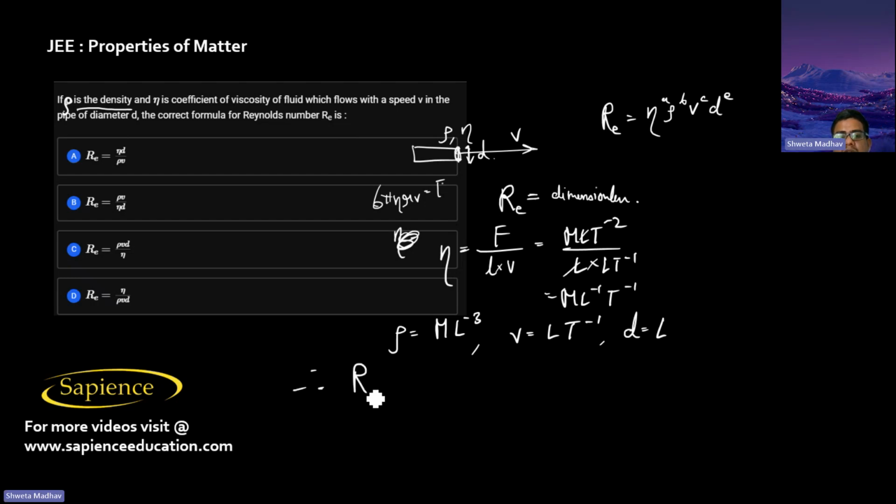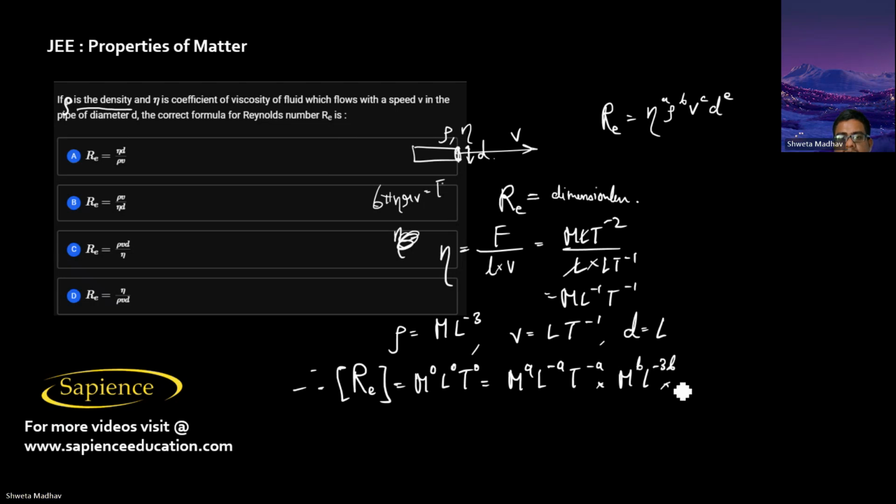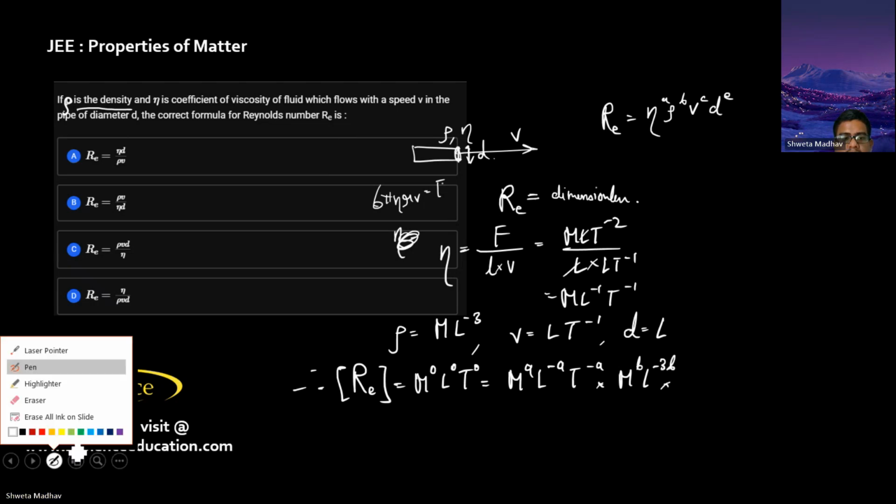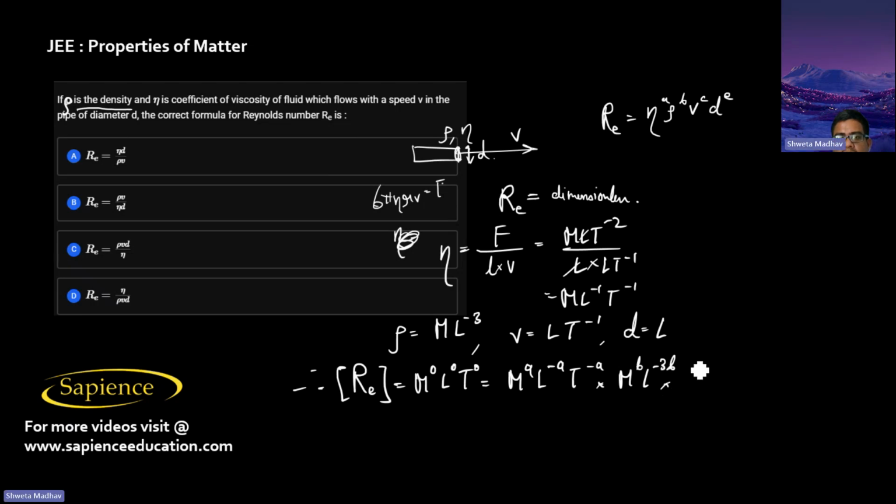So therefore, the Reynolds number's dimension is M power 0, L power 0, T power 0. So that will be eta power a, that is M power a, L power minus a, T power minus a, into rho, that is M power b, L power minus 3b, into v power c, so L power c, T power minus c, into L power e.